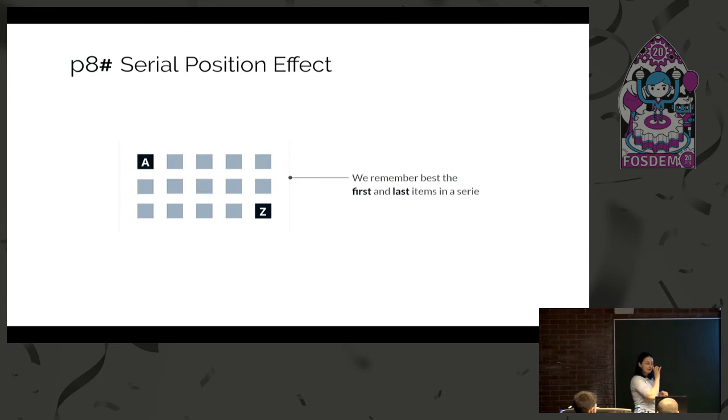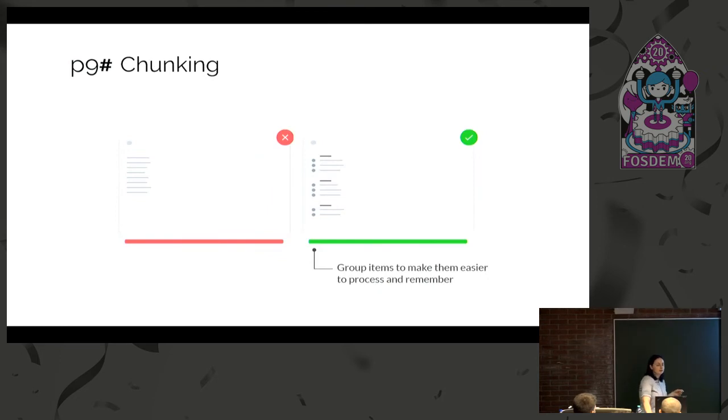Okay, and there's a principle that is called serial position effect. If you think, let's say, of the alphabet, you know that it starts with A and ends with Z, but you don't actually, I mean, maybe you do, but some of us have trouble remembering exactly what's inside the sequence. And this principle can be correlated with chunking.